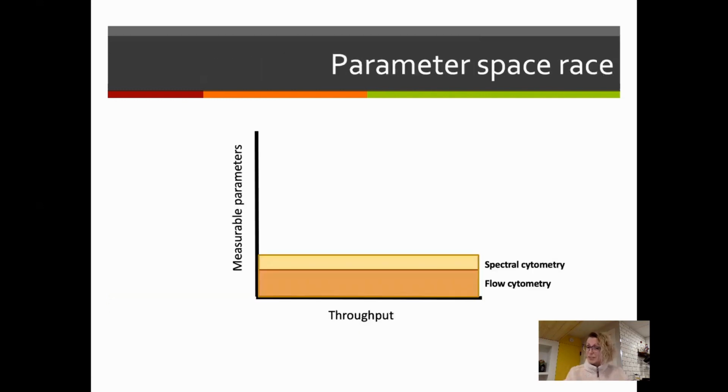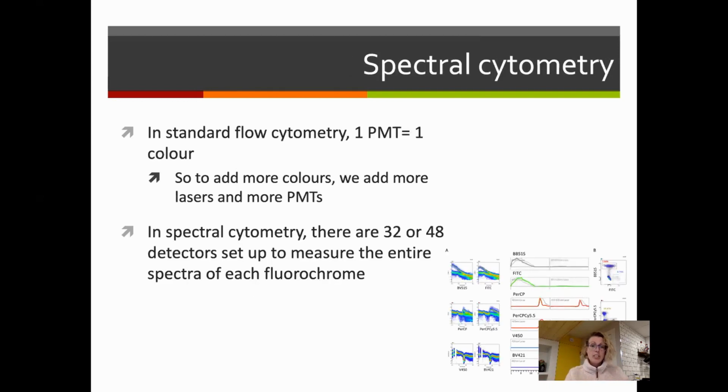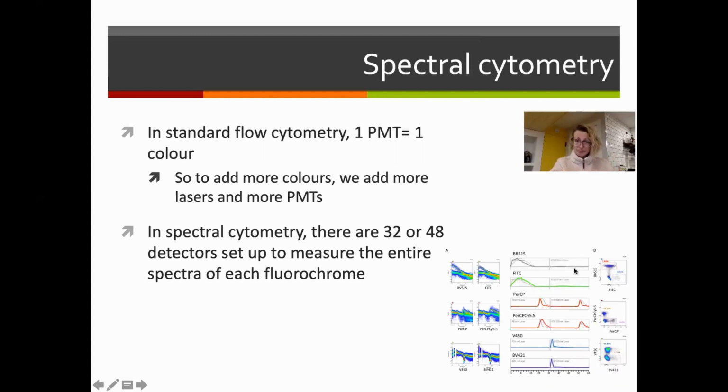So recently in the field, we've moved towards something called spectral cytometry. This is very similar to a flow cytometer, but differs in how we look at the fluorescence emission. In our standard cytometers that I've talked about, we have one photomultiplier tube that's grabbing one color, the one color that comes through that filter. To add more colors, we add more lasers, more filters, and more PMTs.